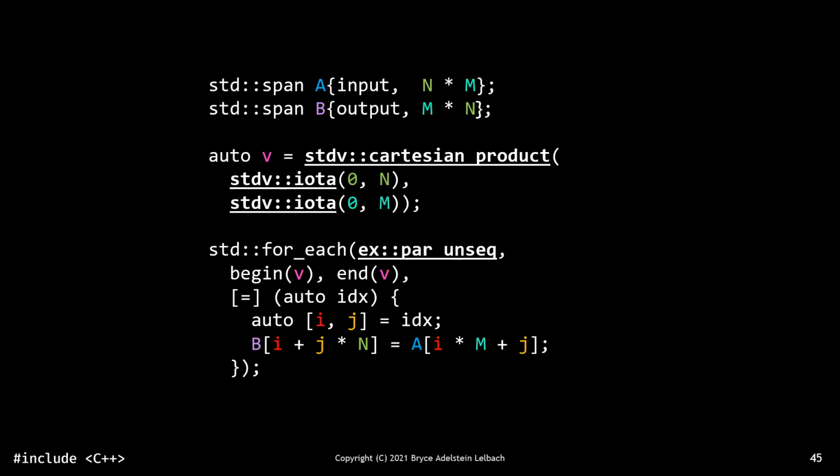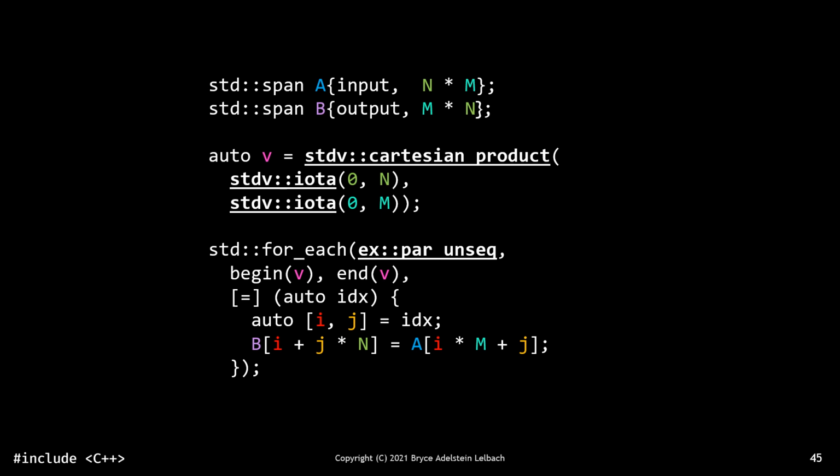We can also use parallel algorithms and ranges to iterate multidimensional index spaces. C++23's Cartesian product range adapter takes multiple input ranges and produces a range of all the ordered tuples formed by taking an element from each of the inputs. We can use this in conjunction with iota to create ranges representing multidimensional index spaces.